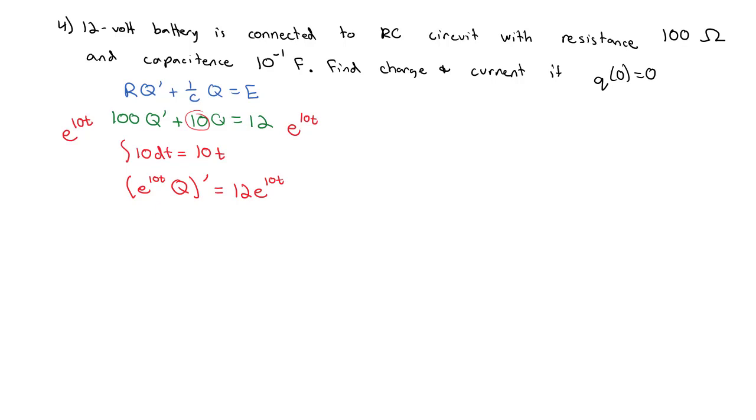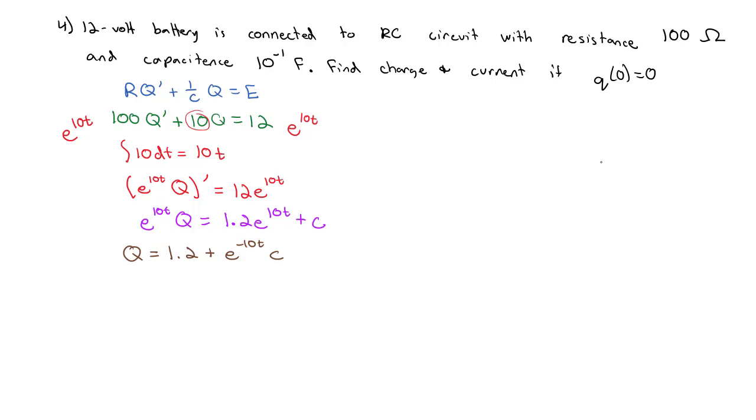And we can take the antiderivative of both sides to get e to the 10t Q is equal to 12 divided by 10, which is 1.2, e to the 10t plus a constant. Dividing both sides by e to the 10t, we get Q is equal to 1.2 plus e to the negative 10t times our constant.